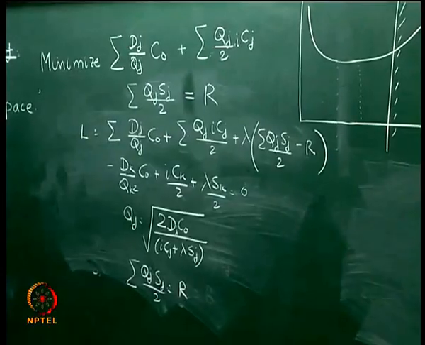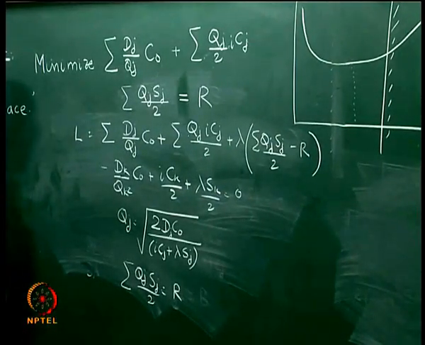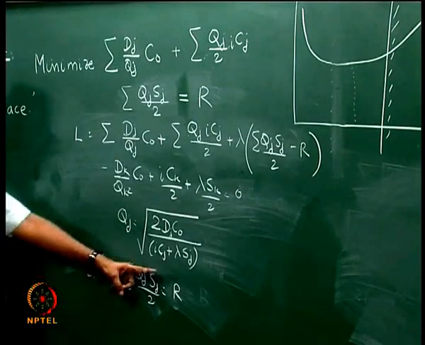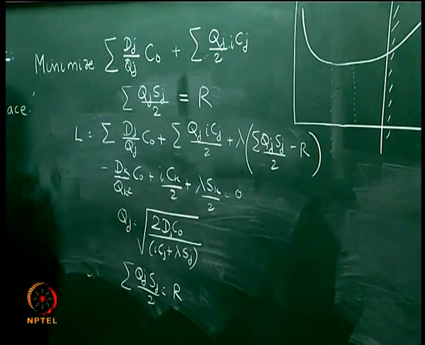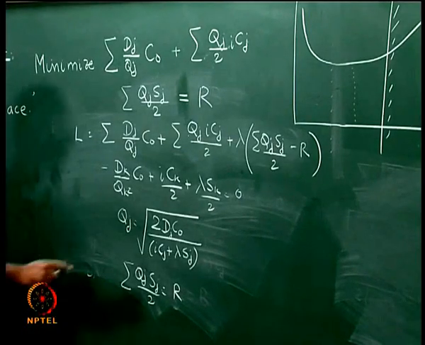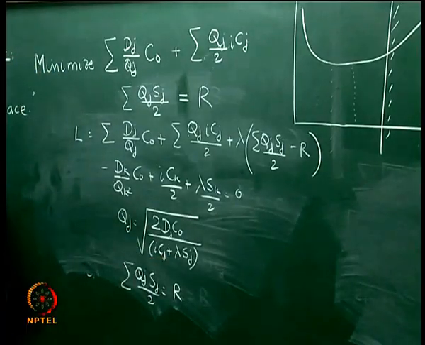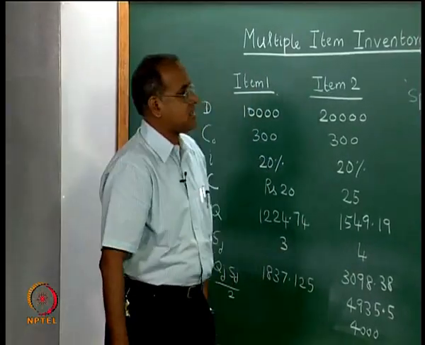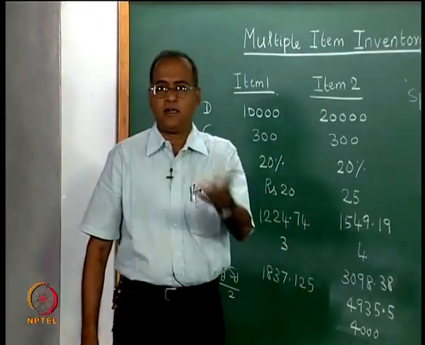Now, even if we substitute this Qj into this equation, we will not be able to get a unique expression for lambda because of the term I Cj plus lambda Sj that comes in. So we do not get a closed form solution, an expression for lambda which we can use. In this case we can solve for lambda only using a trial and error method.